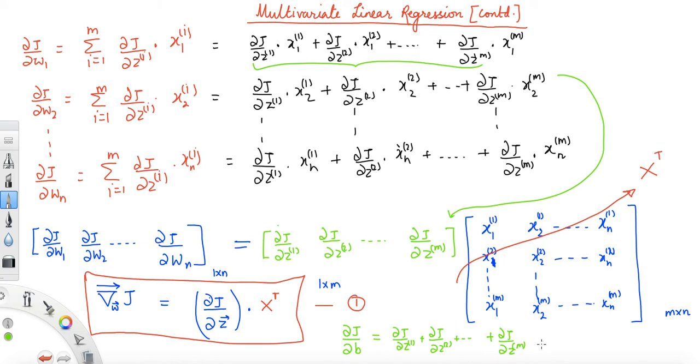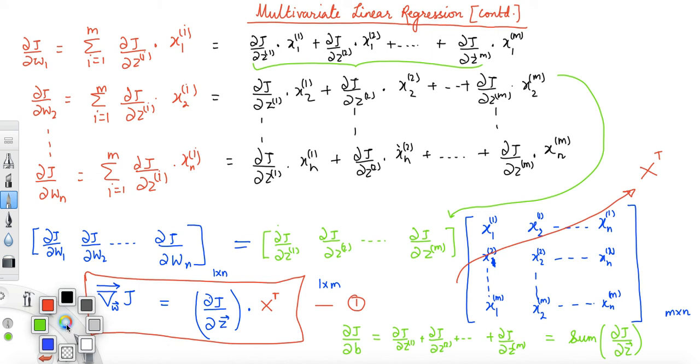And by the way, this is nothing but the sum of all the elements of this vector, right? Del J over del z1, del J over del z2, del J over del zm. This is a row vector, del J over del z vector, right? So this is nothing but the sum of all those elements of del J over del z vector.